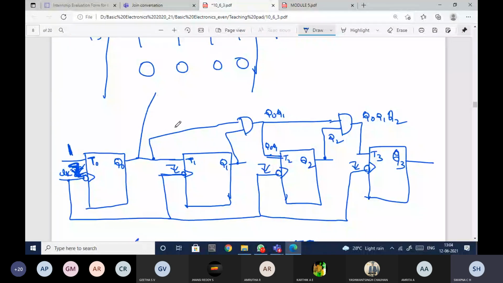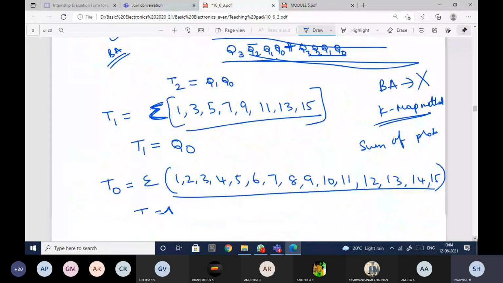And everywhere you need to take the output: Q0 output, Q1 output, Q2 output, Q3 output.